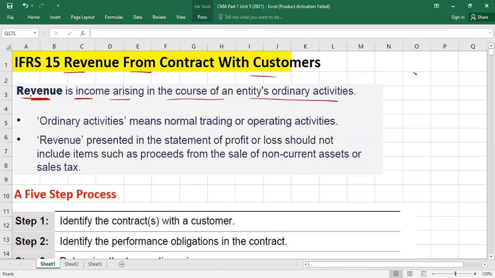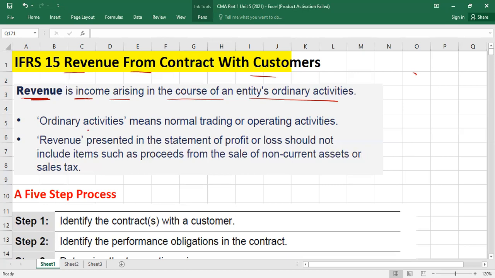But if you suddenly sell the air conditioning system of the business, this is not going to be your revenue, because your ordinary activities are to sell grocery-related items, not air conditioning systems. You got my point? Sometimes we sell non-current assets, other assets other than operations. That is not going to be your revenue.